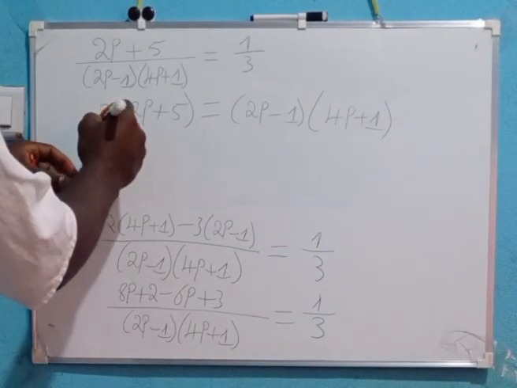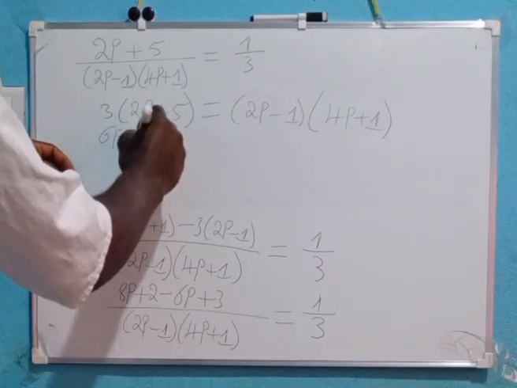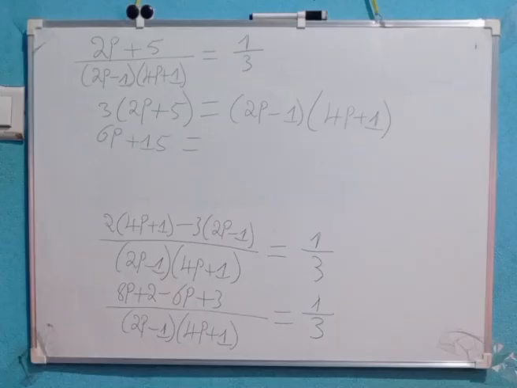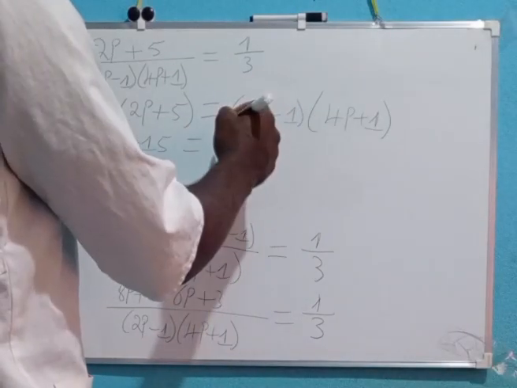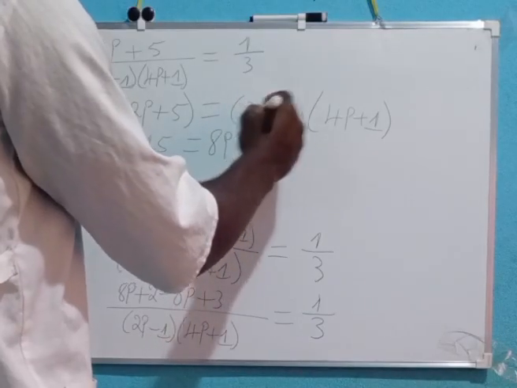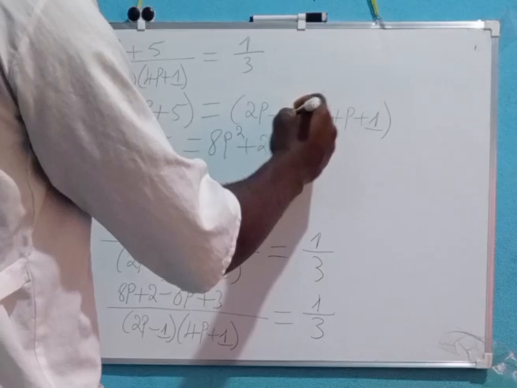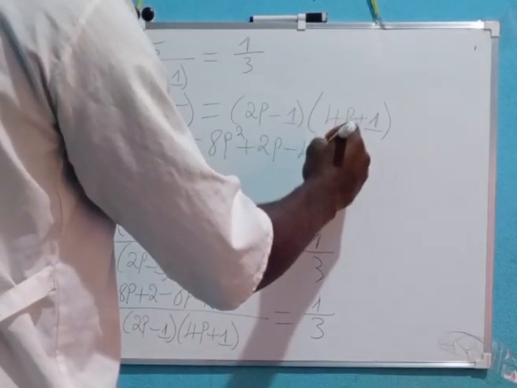Expanding this bracket, it gives us 6p plus 15 is equal to, at the right hand side, we are going to expand the bracket. 2p times 4p gives us 8p squared. 2p times 1 gives us plus 2p. Negative 1 times 4p gives us negative 4p.